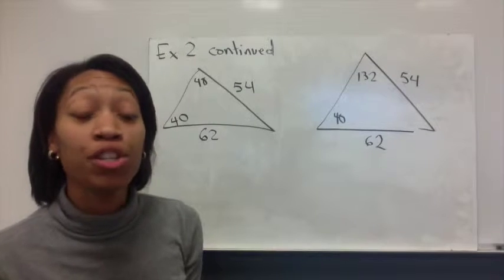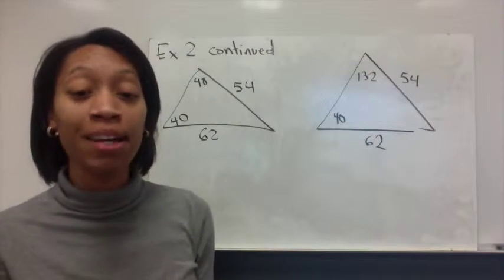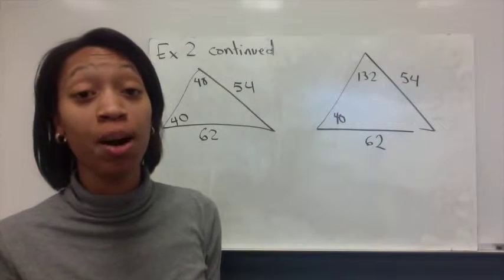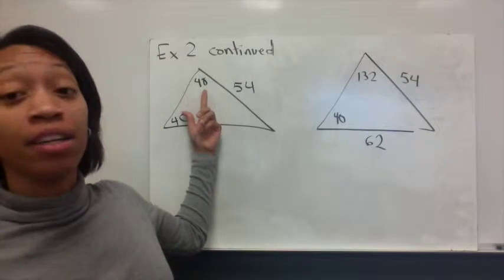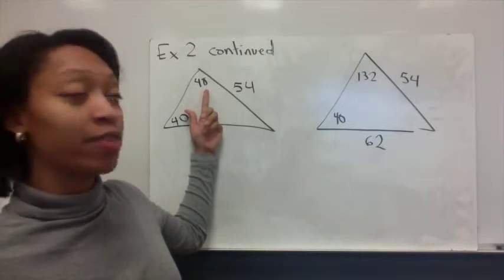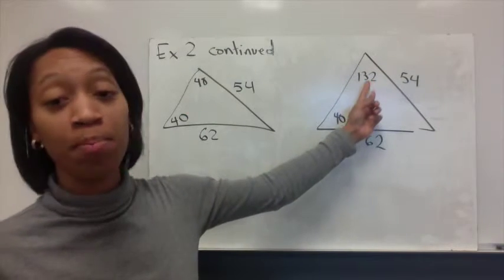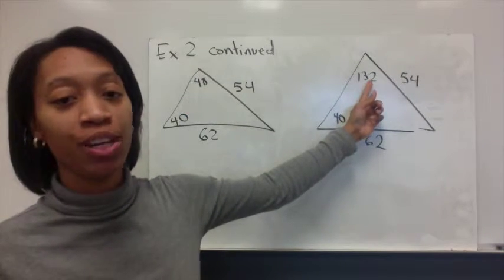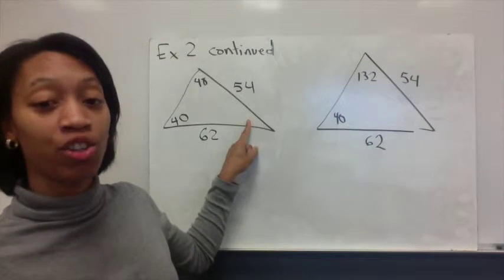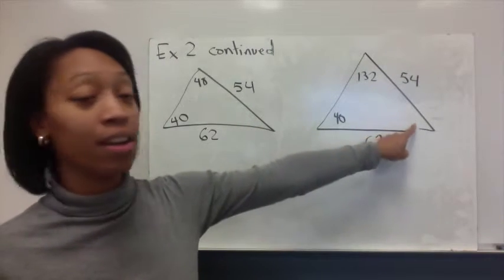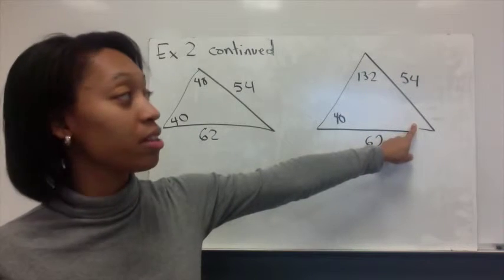In example 2, we came up with two possible values for B. We found that B could be 48, but then we subtracted from 180 and saw that B could also be 132. So now we need to check whether we can actually make a triangle with these numbers.